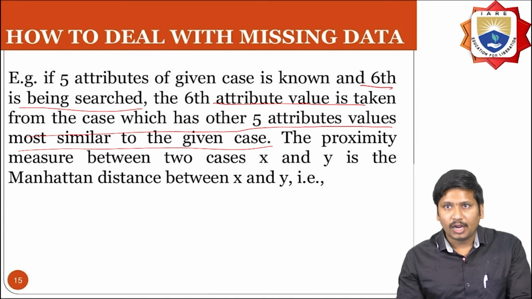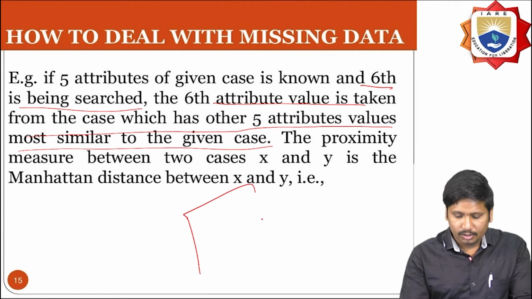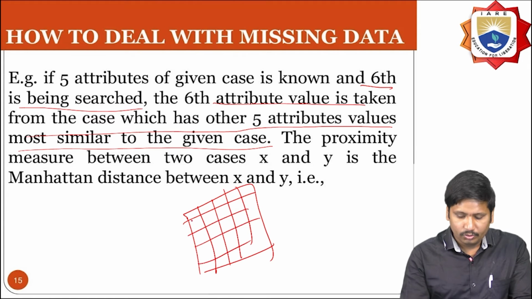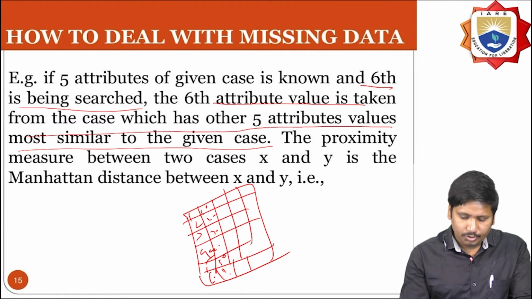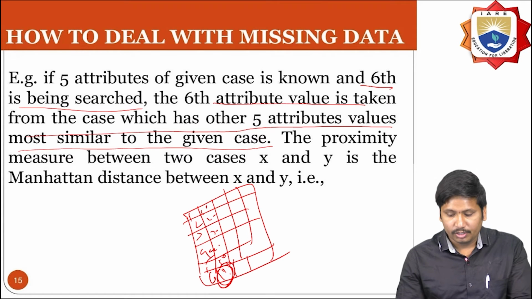Suppose we have 5 attribute values that I know, and the 6th attribute I am unable to find. At that time, the 6th attribute value is going to be taken from the case which has the other 5 attribute values most similar to the given case.